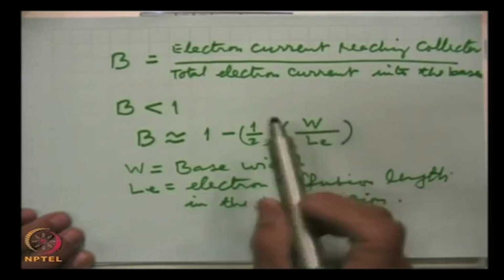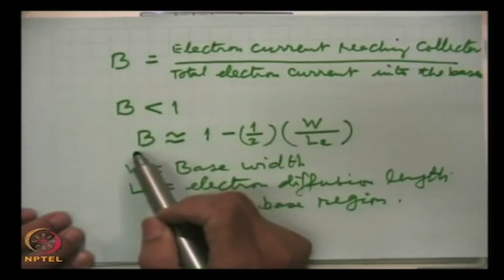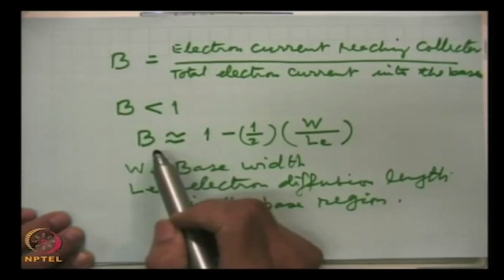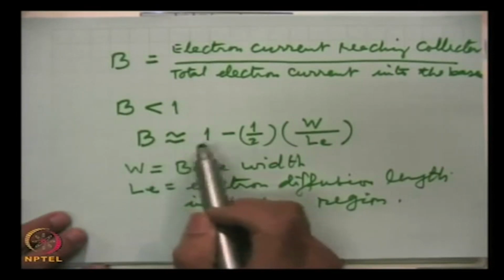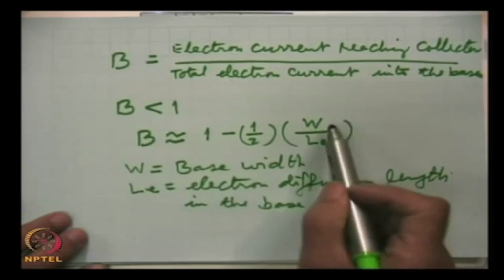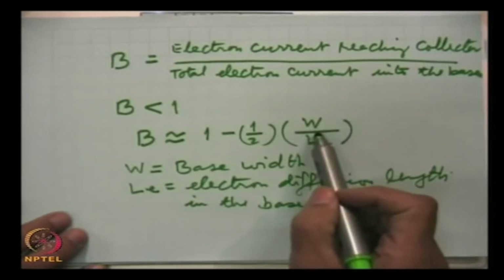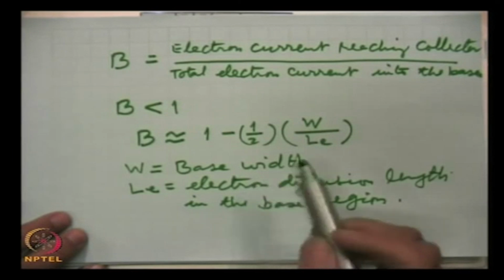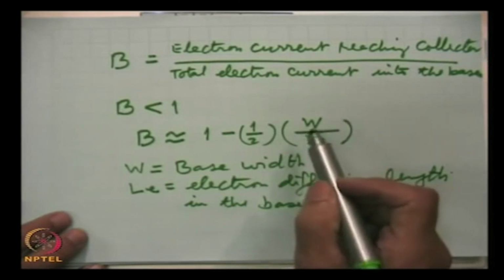And for this base transport factor B to be very closely equal to 1, W has to be low. So, base width we use very small here.